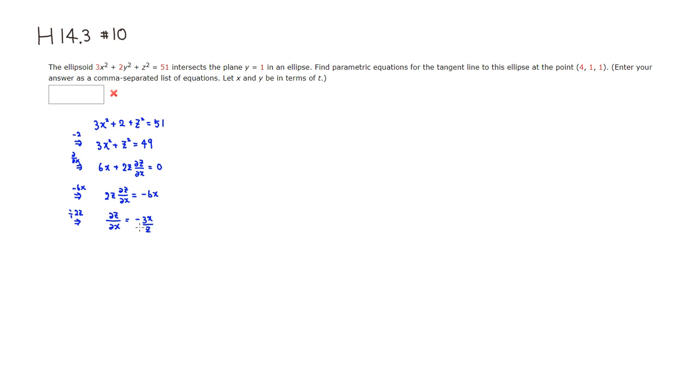Since the x value is 4 and the z value is 1 at that point, if you plug it in, you have negative 3 times 4 over 1, so this is going to be negative 12. So the slope is going to be negative 12.